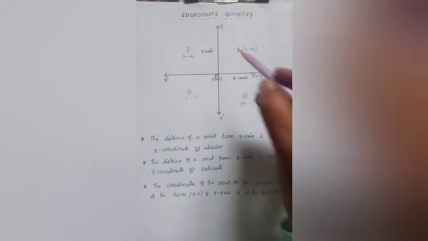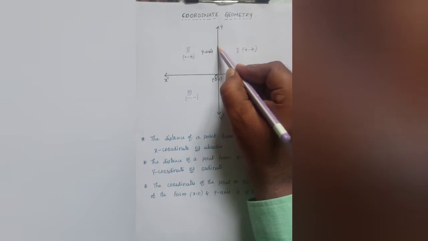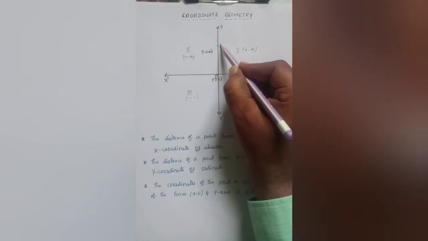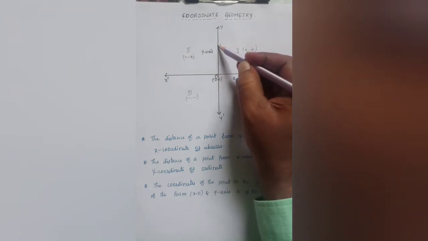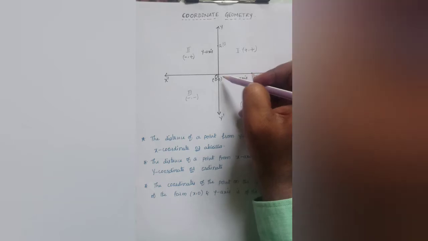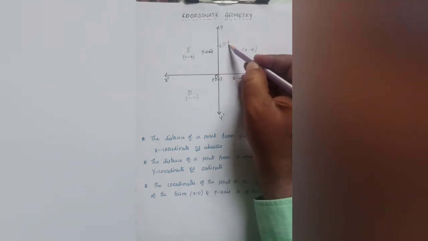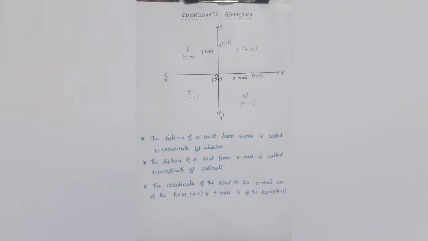If the point lies on the y-axis, suppose this is Q, the distance from the origin to Q is y, so the x coordinate will be 0 and the coordinates will be 0 comma y. So these are the coordinates.